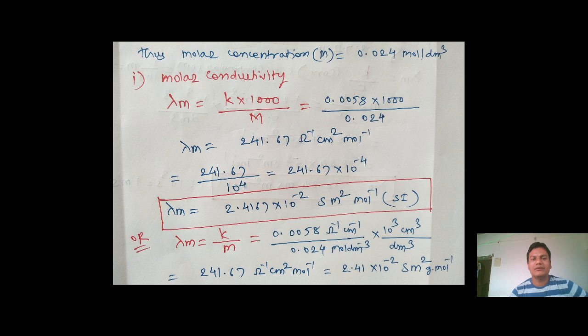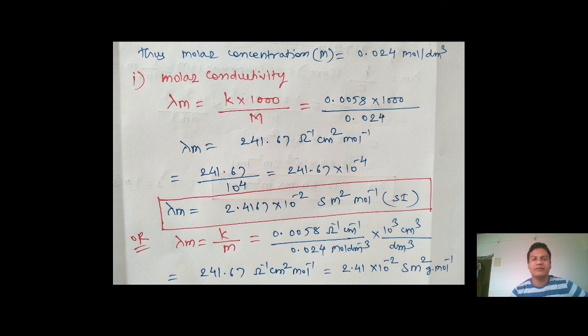So you can look here, it is multiplied by 10 raised to 3 cm cube per dm cube. So that is nothing but 1000 ml per dm cube. Because of which we have to multiply all the calculation by this factor, then you will get centimeter square per mole.